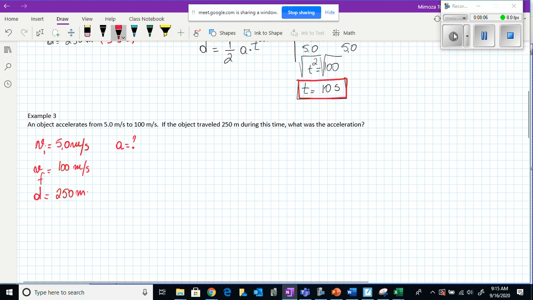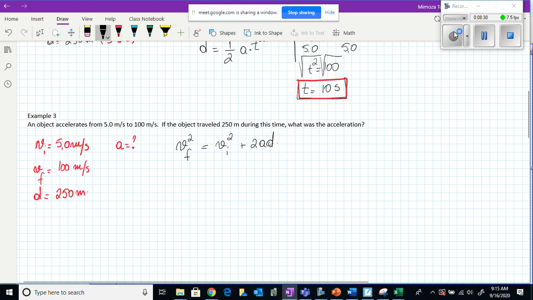In your formula sheet, what is the formula that relates all of those quantities that we are either given or looking for? You're saying that is equation 6, which I'm assuming is v final squared is equal to v initial squared plus 2ad.